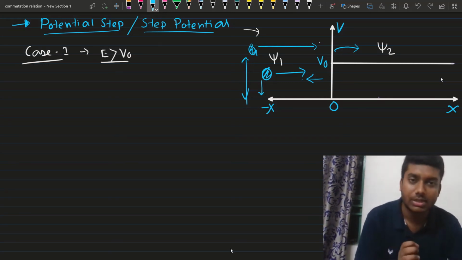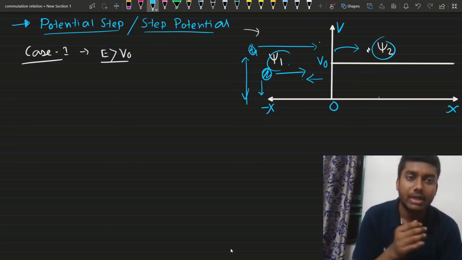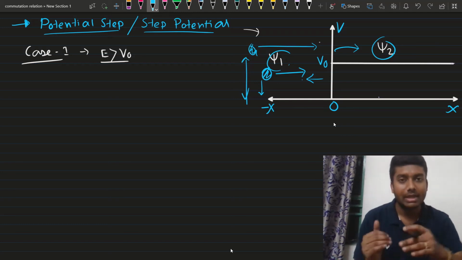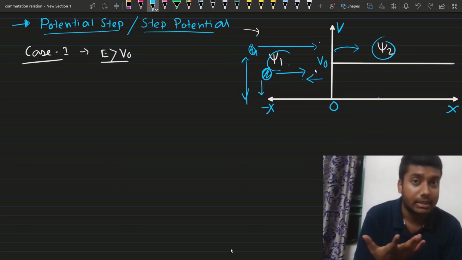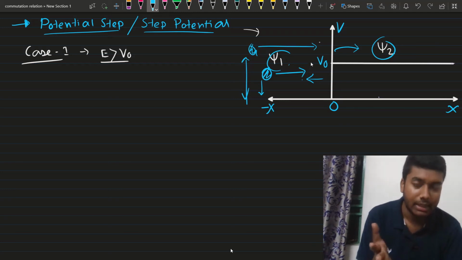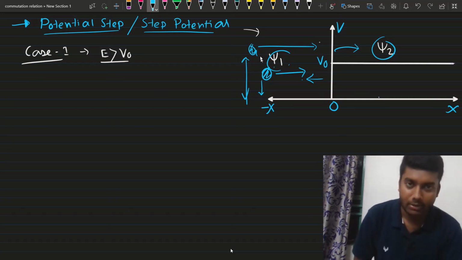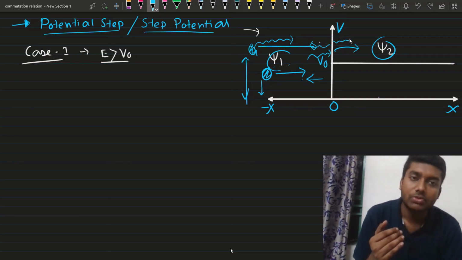Solving it, we will find psi 1 and psi 2, and after we get their values for this configuration, we can easily find how much of the particle, now it is not a particle, you will later understand that this will behave as a wave. As we are dealing with quantum mechanics, this will associate a wave, and the wave will reflect from here, and some parts will transmit here.